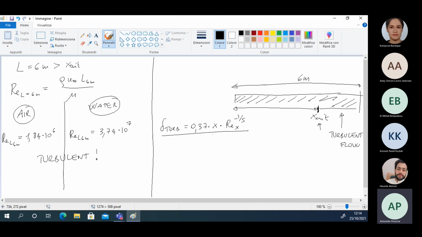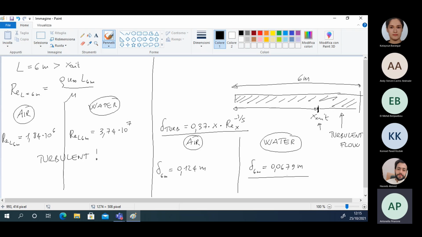If I apply this correlation for water and for air, I obtain the thickness of the boundary layer at the plate length of 6 meters equal to 0.124 meter for air and delta 6 meter equal to 0.0679 meter for water.